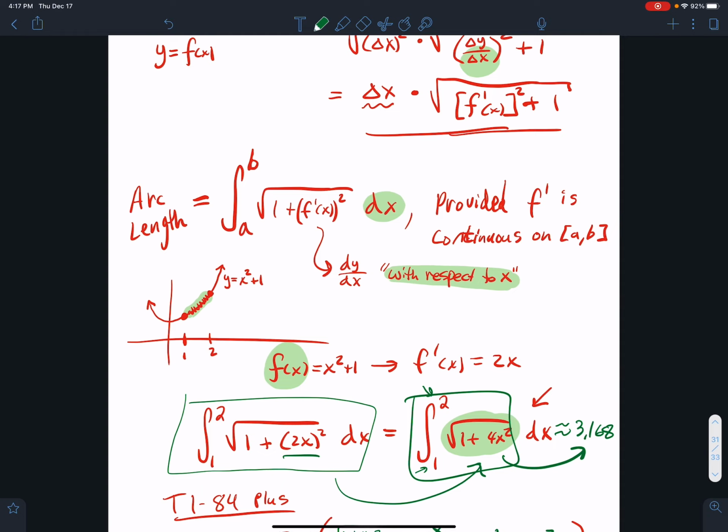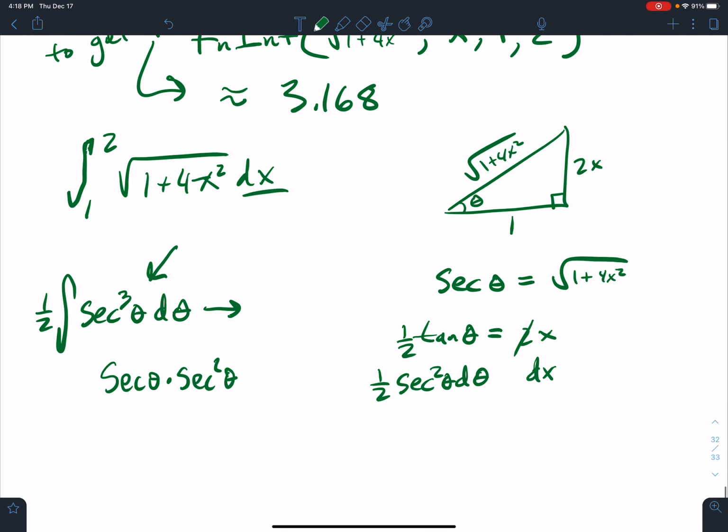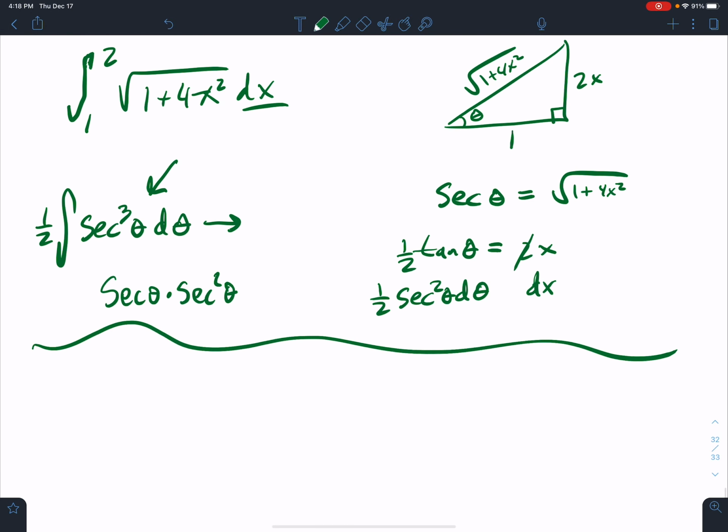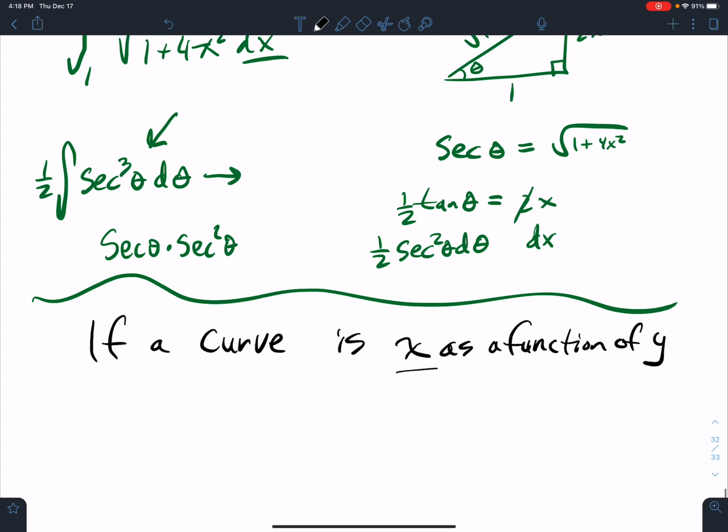Let's write it out in terms of y, because that was with respect to x. Sometimes a curve is x as a function of y, right?